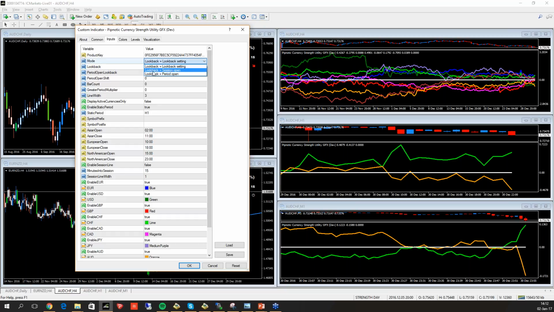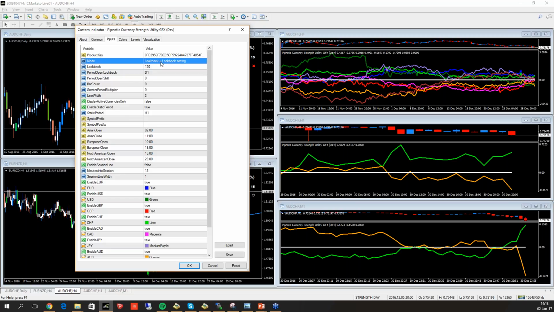We have the look back setting equals the session open, which tells the indicator to look at the session information, which is just here. Then you have the look back setting equals the period open, which looks at the period open look back.